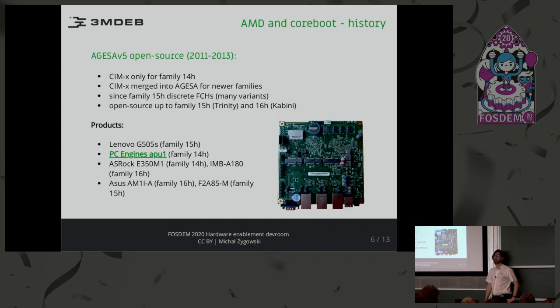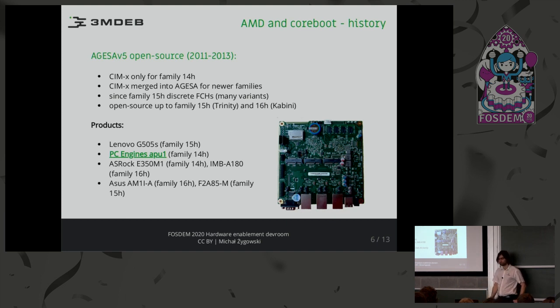Later, around 2011 till 2013, AGESA V5 emerged. It supported family 14h, and there was still the CIMX code base, which was responsible for the southbridge initialization.